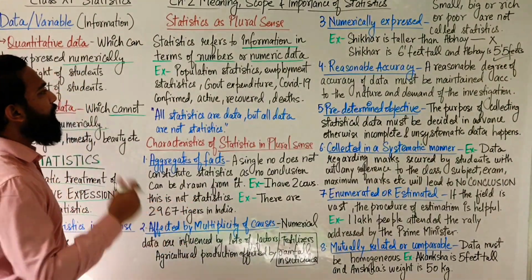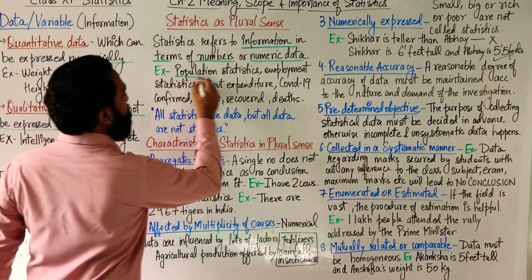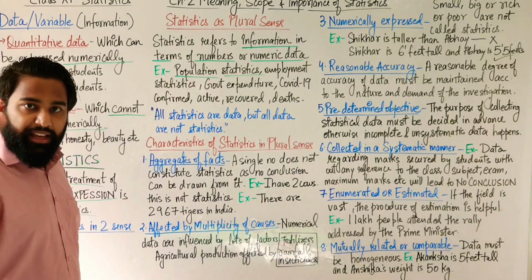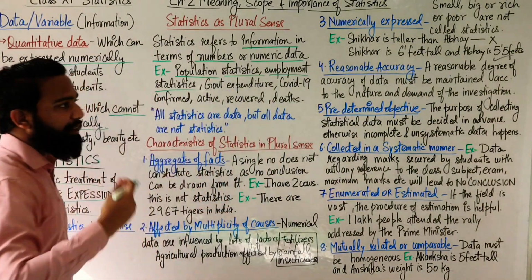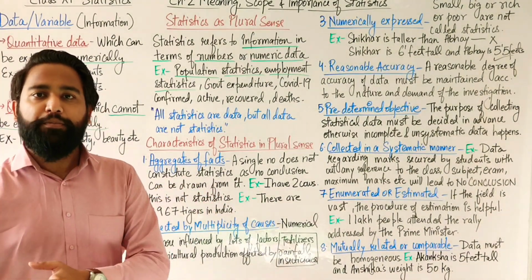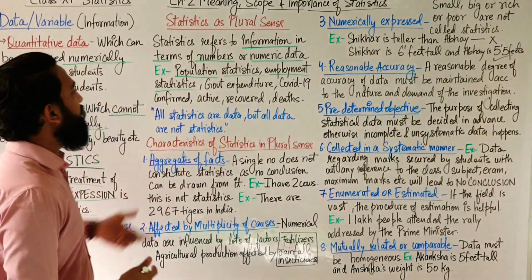For example, what do we calculate in plural sense? We calculate population statistics. You have heard about the census, which takes place every 10 years. Employment statistics: the government takes out these statistics that 5 lakh jobs have been given in this sector, in such sector.